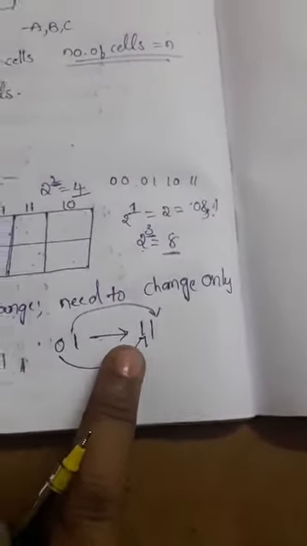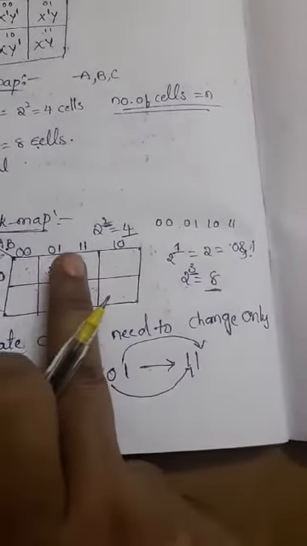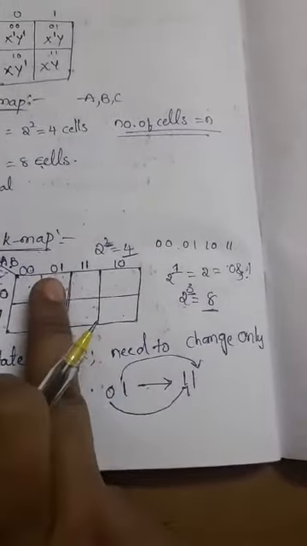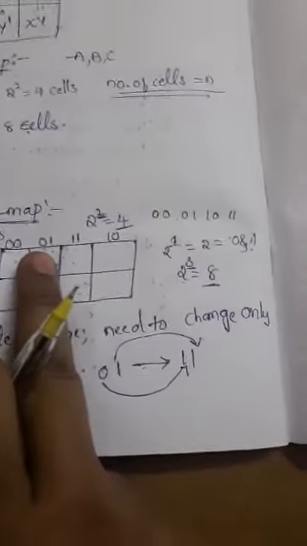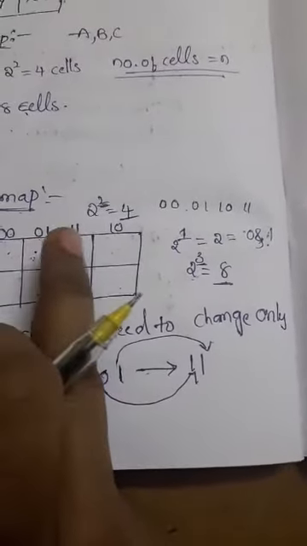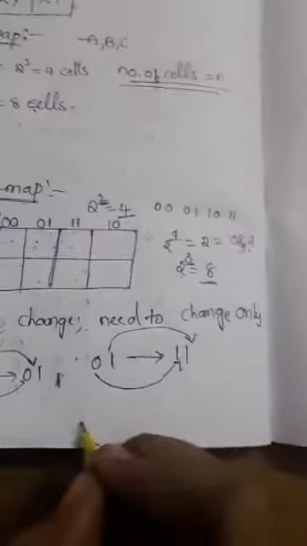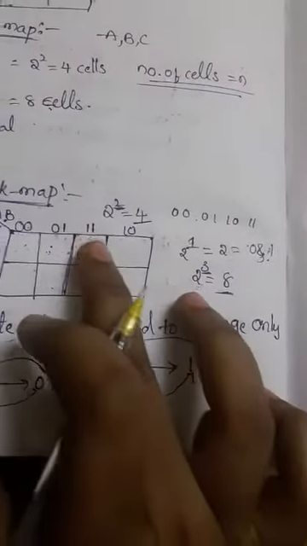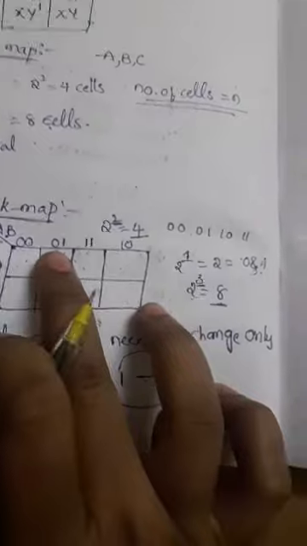But suppose you written 1 0 here, for example in the third state. Compared to the previous state, is one bit changed or not?